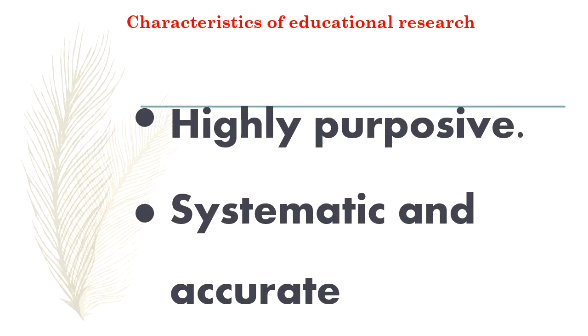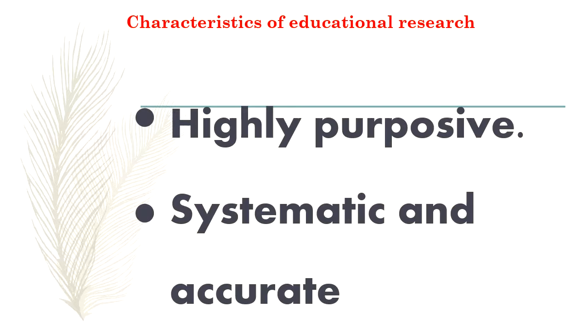What are the different characteristics of educational research? First, it is highly purposive. Research is done mostly when we find some problem, and finding the problem and the goal to find the solution for those problems is very purposive. So when we try to get the answer, we do different work in a purposeful manner.